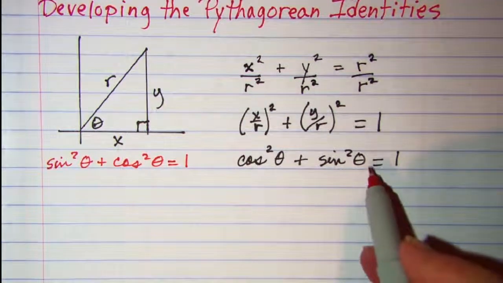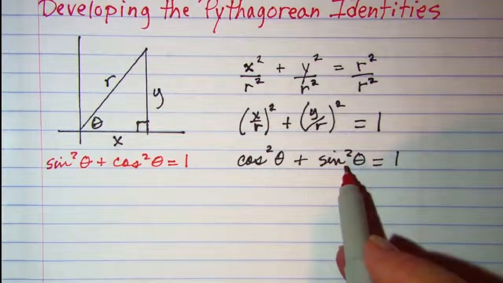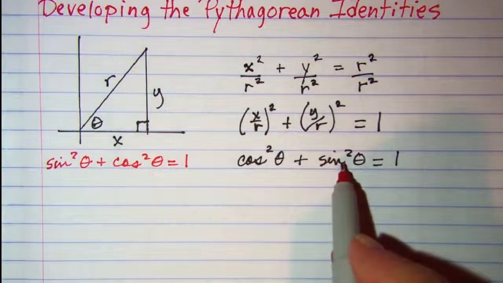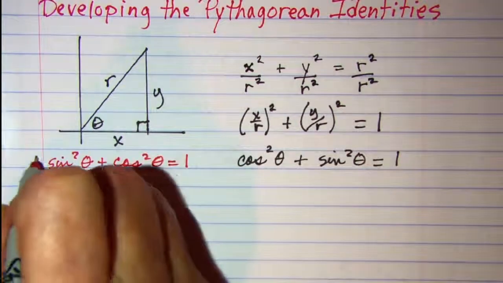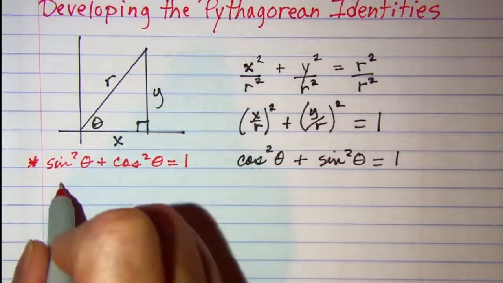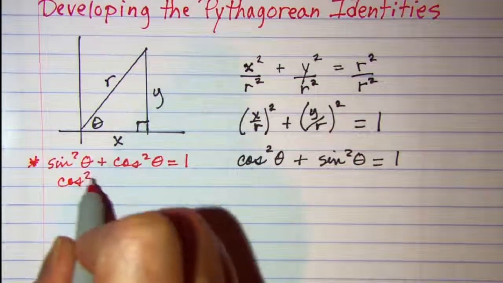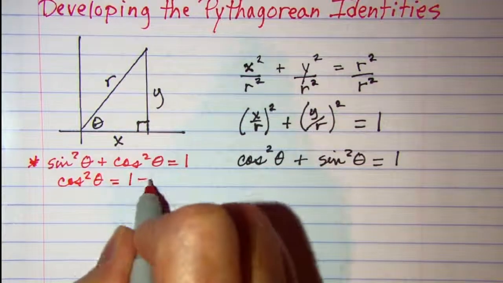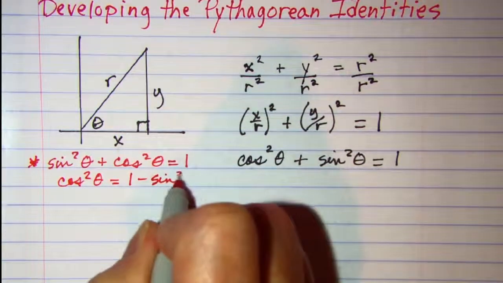We can also subtract sine squared from both sides and get another expression. So I have cosine squared theta is equal to 1 minus sine squared theta.